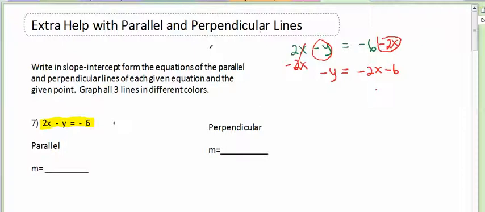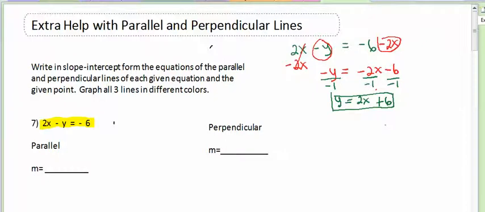Okay, I can't have a negative y, so I'm going to divide everything I see by negative 1, negative 1, and negative 1. Negative and negative is positive y, negative and negative is positive 2x, negative and negative is positive 6. Okay, so now I have my slope-intercept form for my original equation.